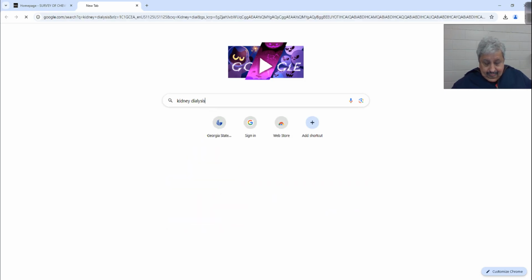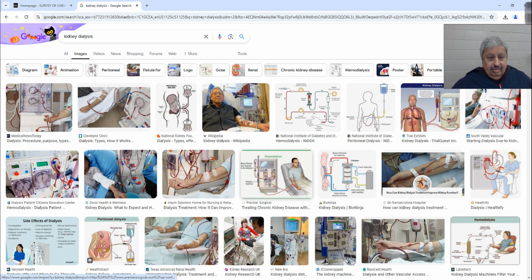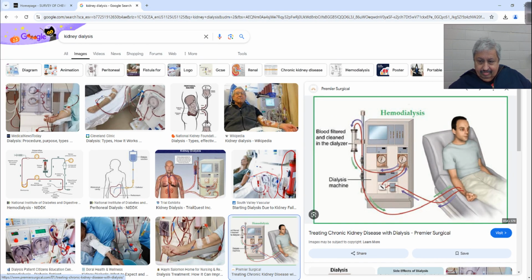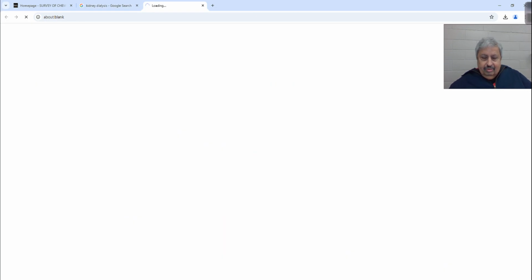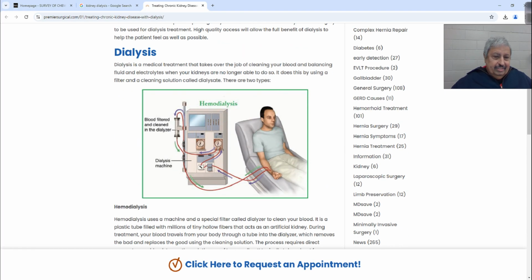Then we're looking for images. Yeah, see here. Maybe one has a filter, so I can show you. Maybe this one here has a filter. Hemodialysis, whatever. But this is the machine here.